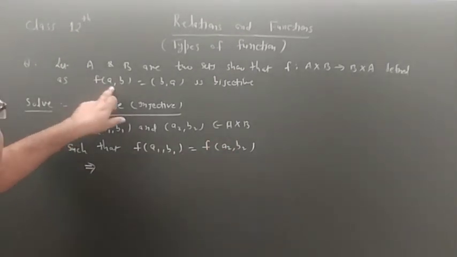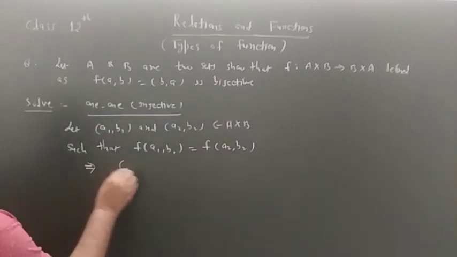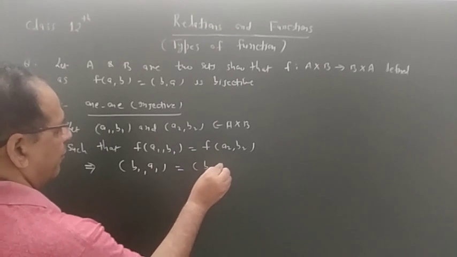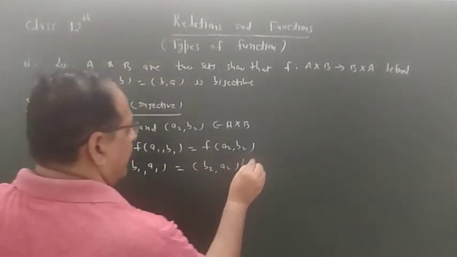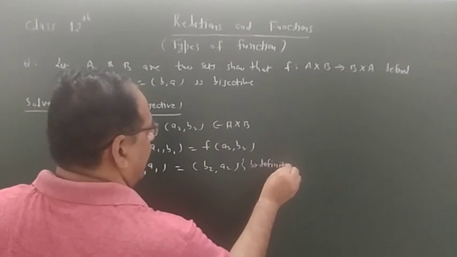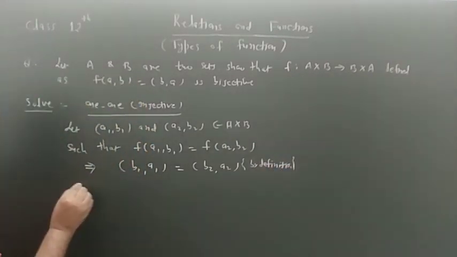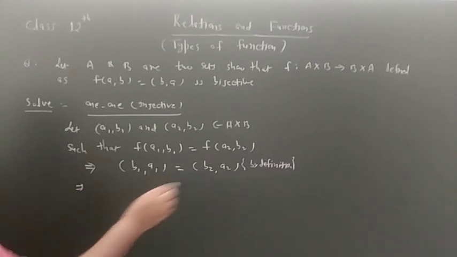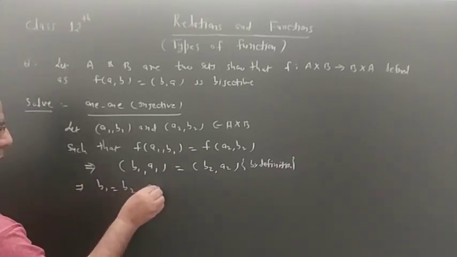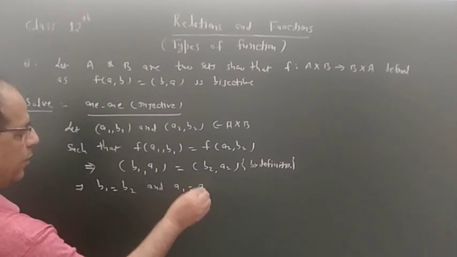According to the definition, f(a, b) equal to (b, a), this implies that (b1, a1) equal to (b2, a2) by definition. By the property of ordered pairs, this implies that b1 equal to b2 and a1 equal to a2.